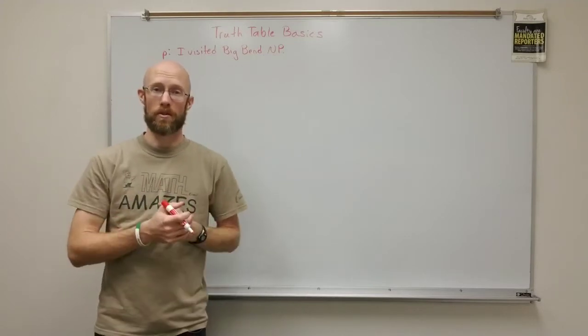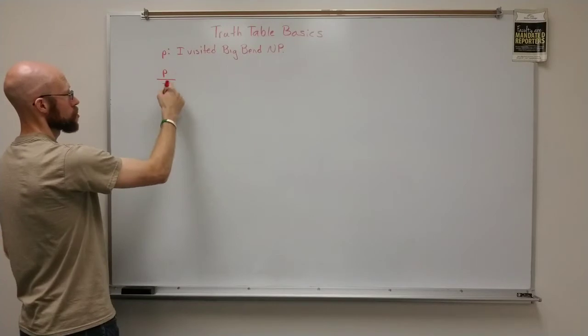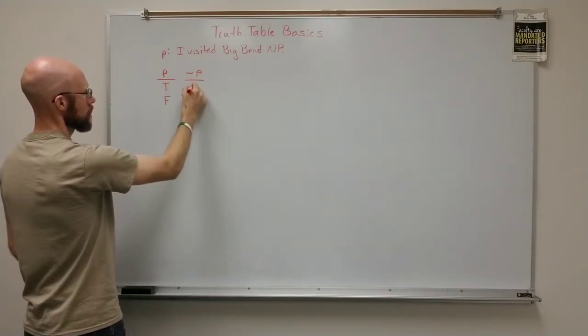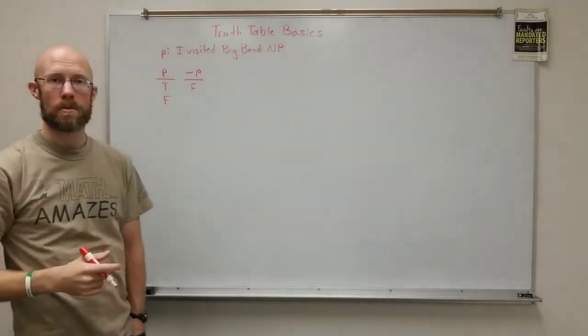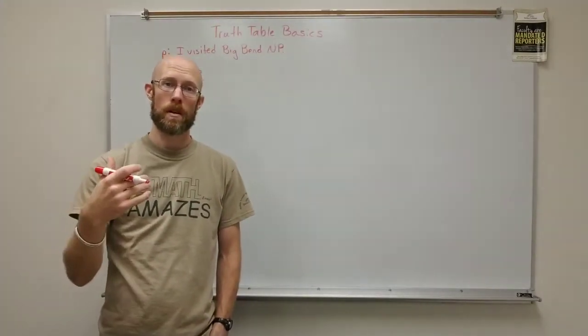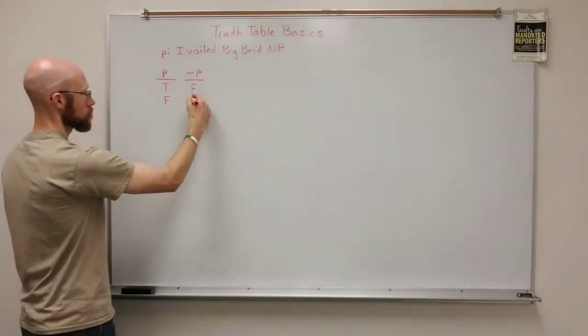Then we look at the negation of P. If this statement is true, then its negation, not P, must be false. By definition, the negation of a true statement is false, and the negation of a false statement is true.